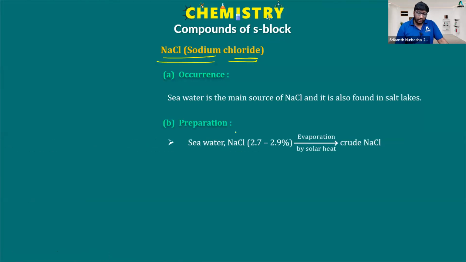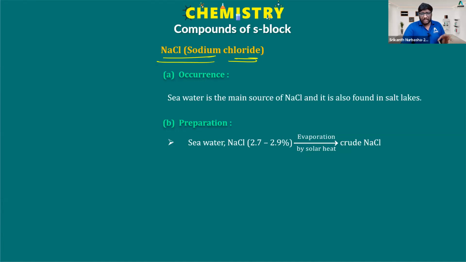Preparation: you take seawater and do the evaporation by solar heat. You will get crude NaCl. Crude NaCl has a lot of impurities which you have to remove. It contains impurities of many other electrolytes like sulfates and chlorides, such as magnesium chloride, calcium chloride, and sodium sulfate.